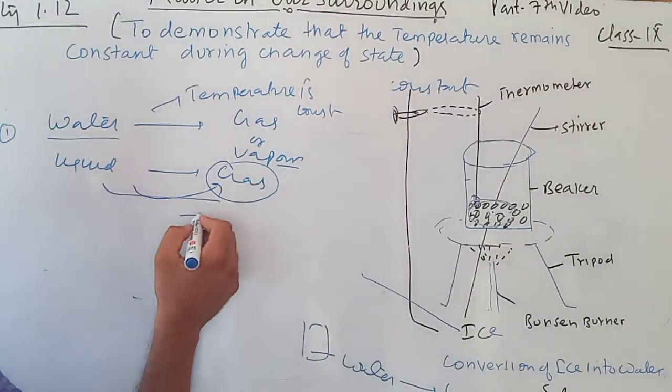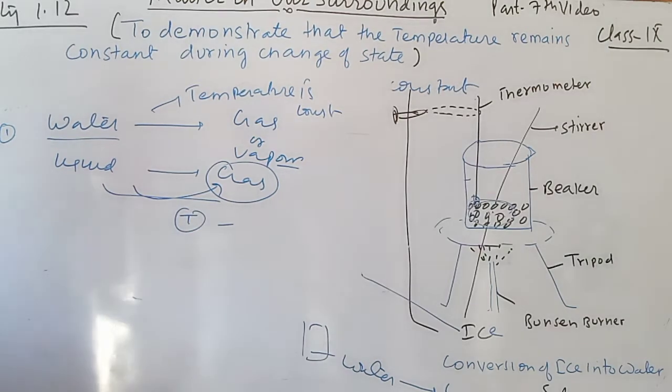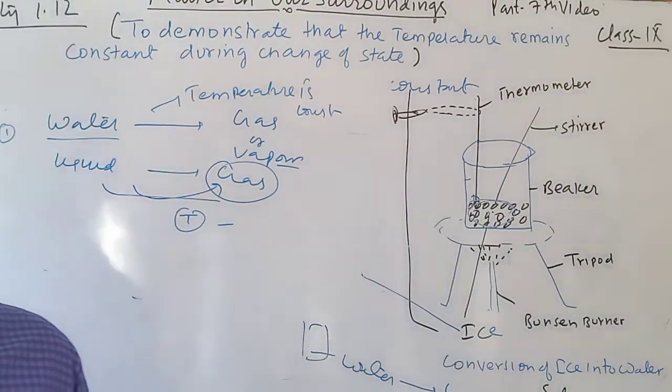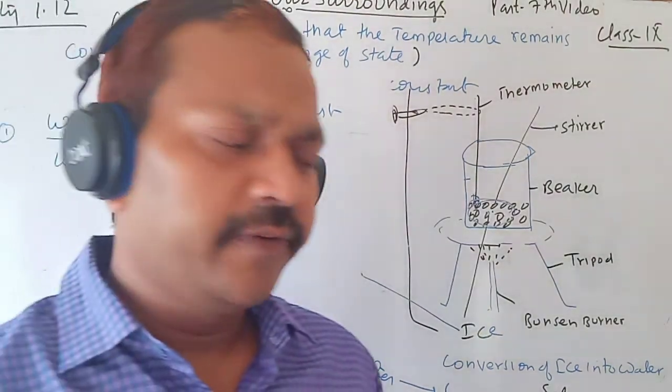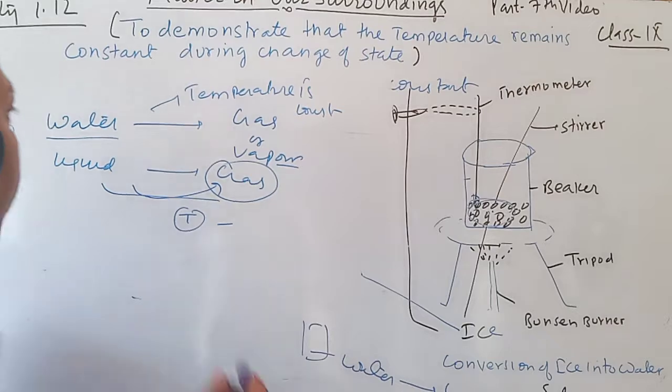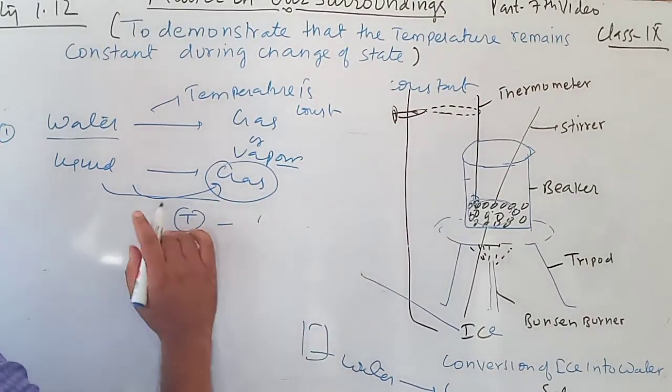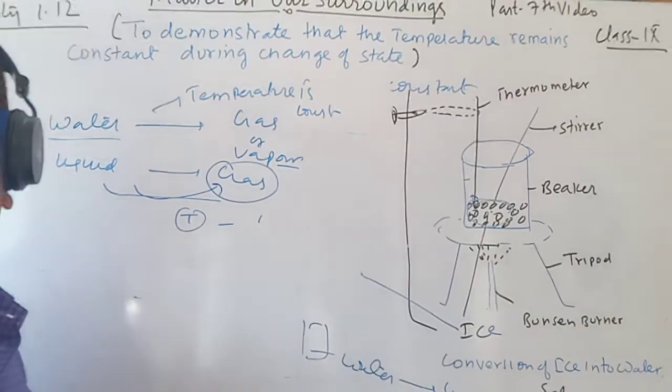So in this situation, temperature is constant, right? Here again the heat energy supplied is used up in overcoming the force of attraction between the liquid water particles to change them from liquid to steam. This is the discussion about this activity.